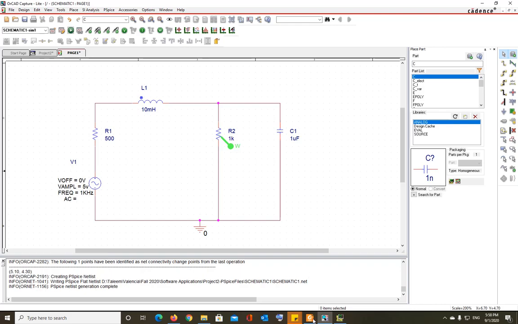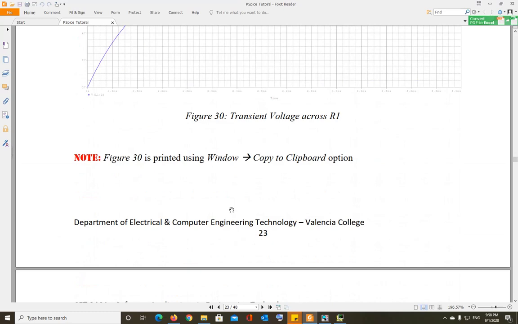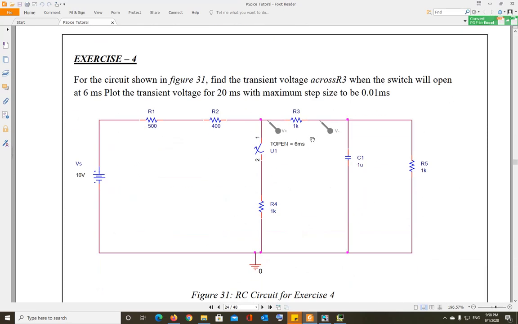All right, let me go ahead quickly. You will be doing this exercise, and in this exercise you are using the switch, but this is not the T close switch, this is the T open switch. So remember, use the T open switch. It is going to open at 6 milliseconds, and you are running the simulation for 20 milliseconds, and the step size is 0.01 millisecond.